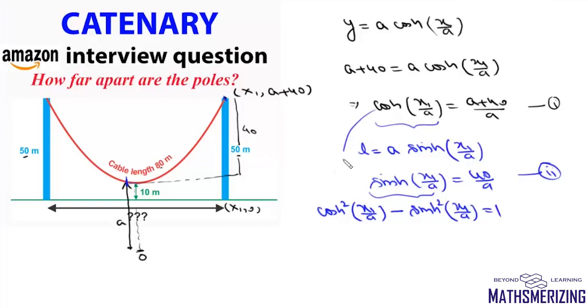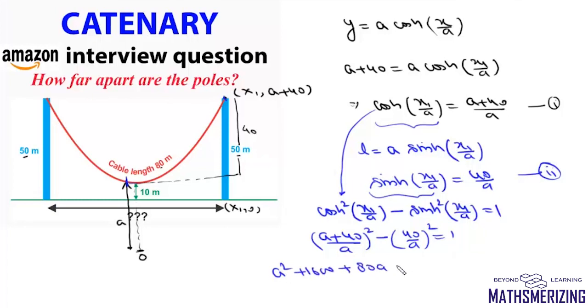So now we'll put the value of hyperbolic cos x upon a: a plus 40 upon a, whole square, minus 40 upon a, whole square, equals 1. If we simplify it, we'll get a square plus 1600 plus 80a minus 1600 equals a square. So a square will cancel, 1600 will cancel, and we'll get the value of a as 0.